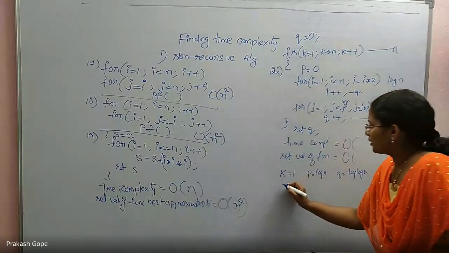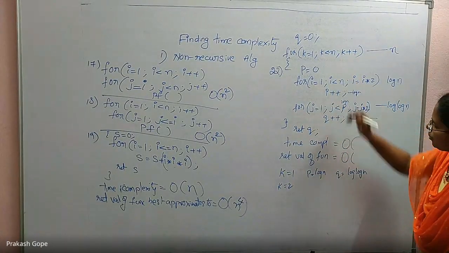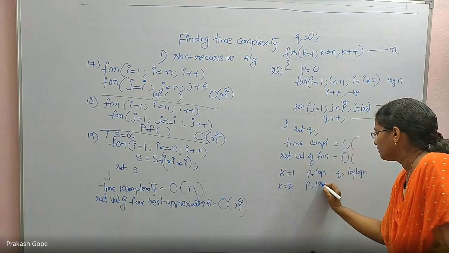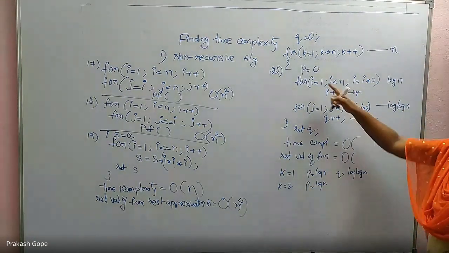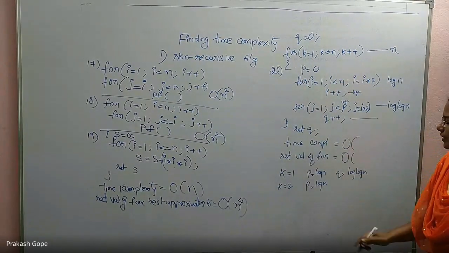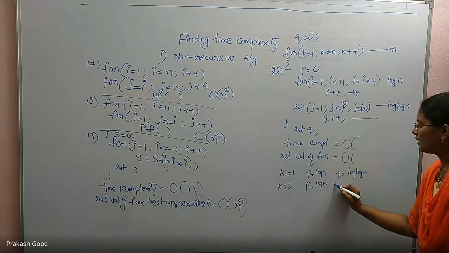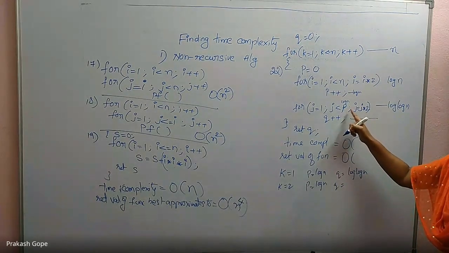Next iteration, when k becomes 2, p becomes 0 here with this for loop, again p becomes log n only. See, if I remove this p equal to 0, that's a different case, but I kept it intentionally. So every time p value will be log n, which is passed here.